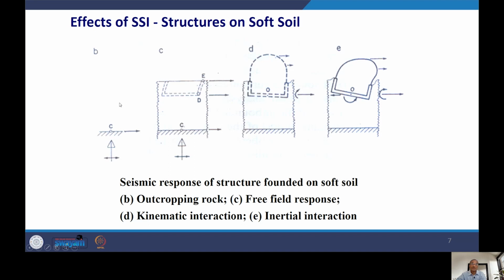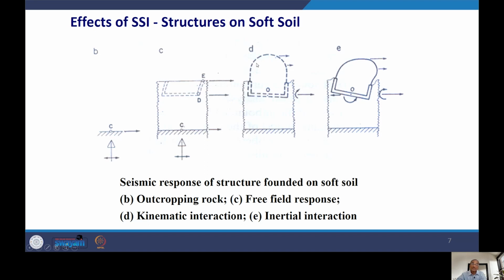First, in figure B there is no soil on top, which is called rock outcropping. Then in part C, you have the soil on top of it. As a result, your input motion gets amplified, normally. The size of these arrows shows the amplitude of the response, as we have already discussed.